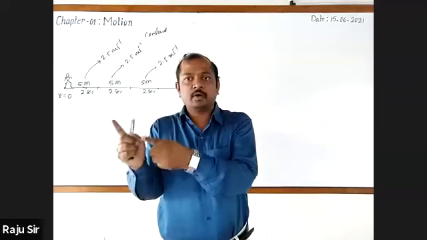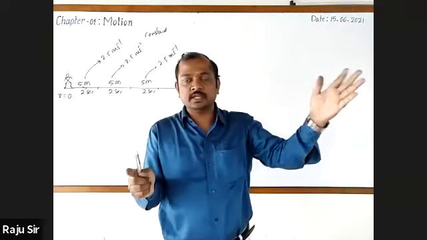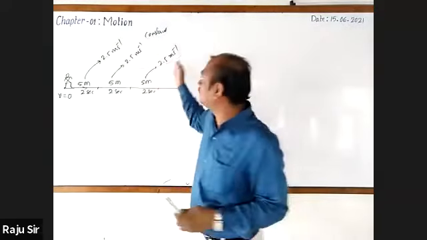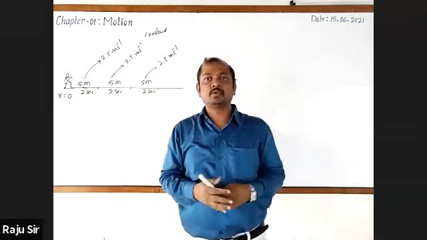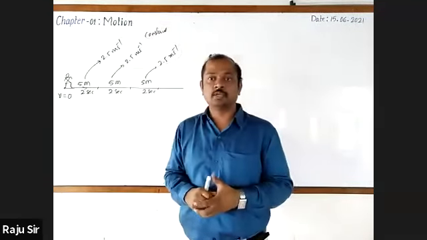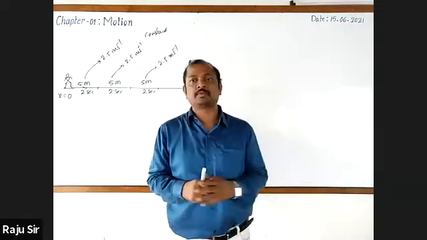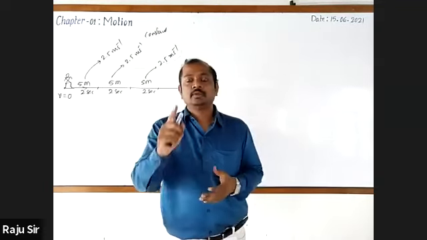If any body covers equal distances in equal intervals of time, then we can say that that body is moving with a constant speed. And this is also known as uniform motion.